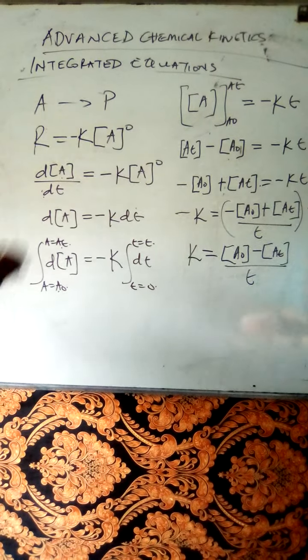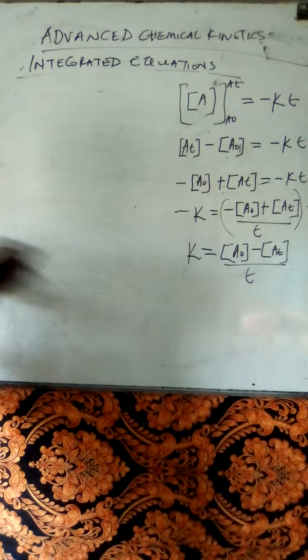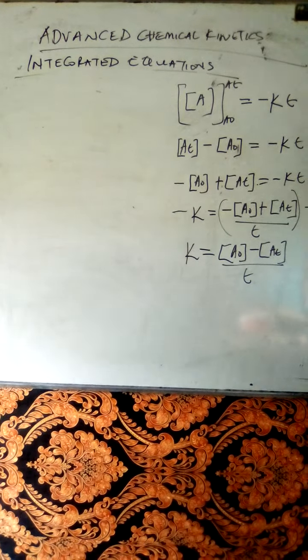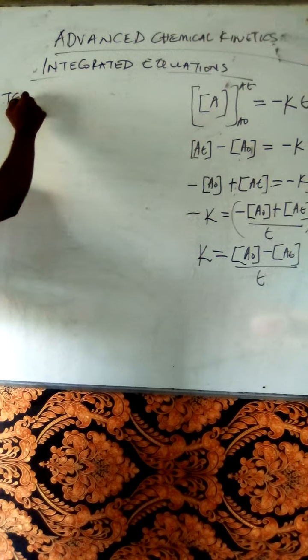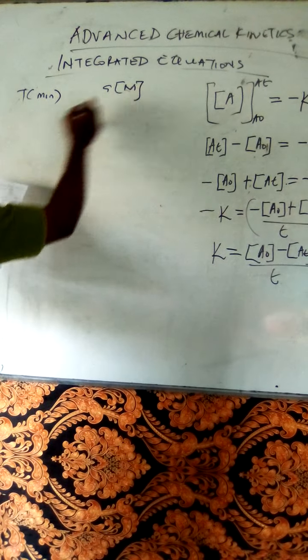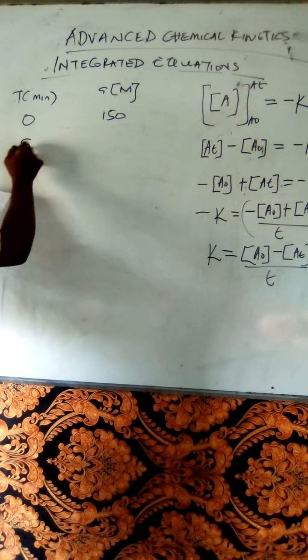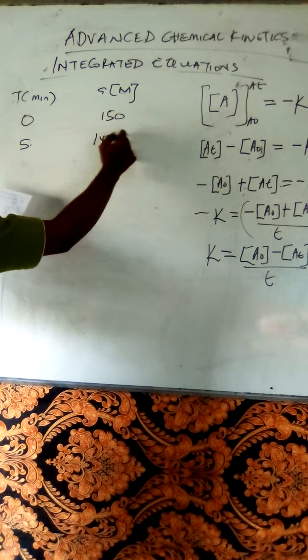Let's say we are given this data, whereby we have time in minutes and concentration in mole per dm cubed for a zero order reaction. At time 0, we have 150. At 5 minutes, 142.7.